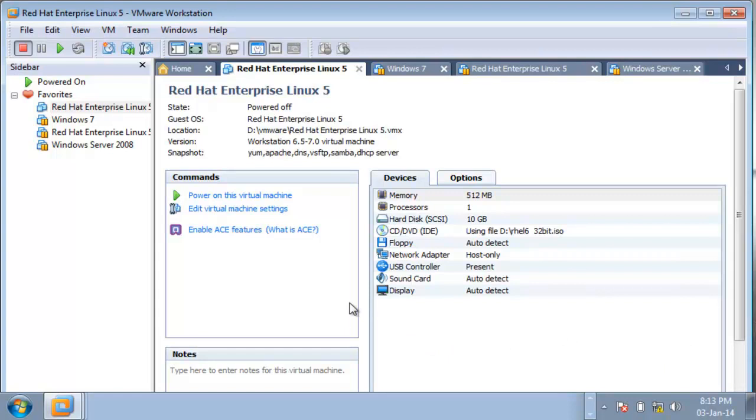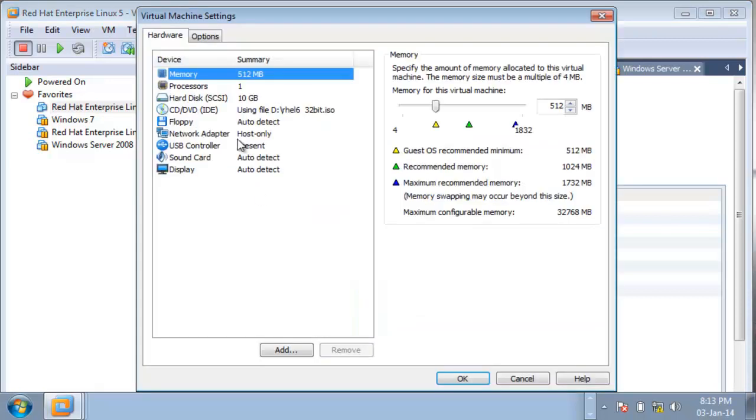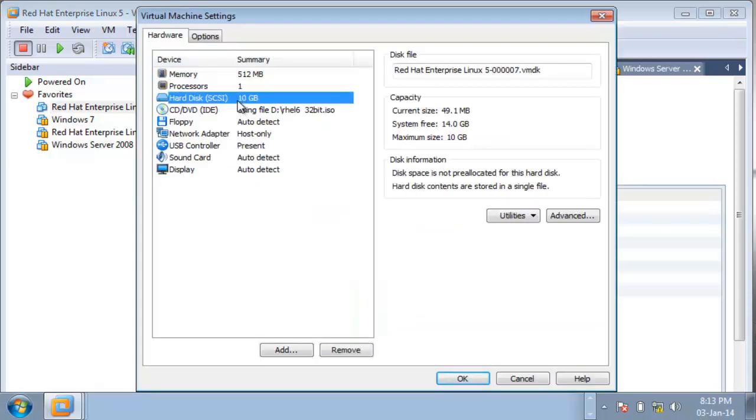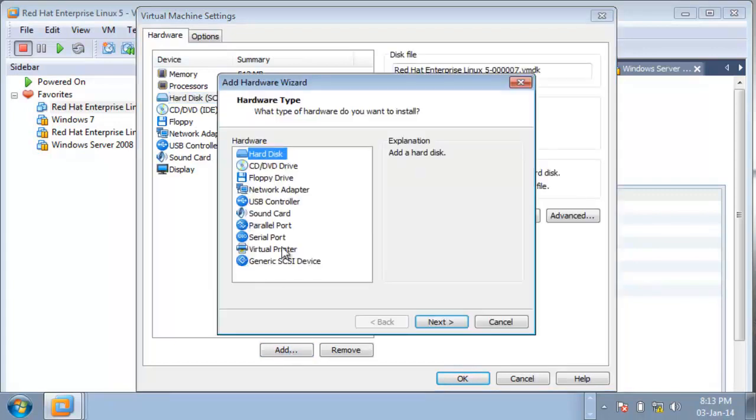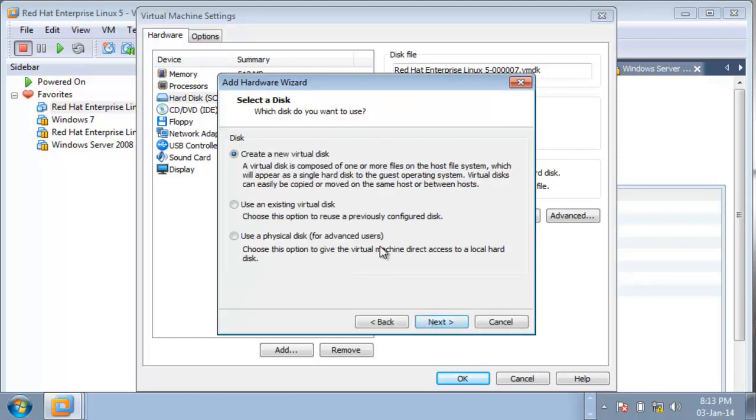Now, guys, for attaching an additional, or second, hard disk to our Red Hat Linux server in VMware, you will simply click edit virtual machine settings, and then choose the hard disk option, press add, click next, and here choose create a new virtual hard disk.